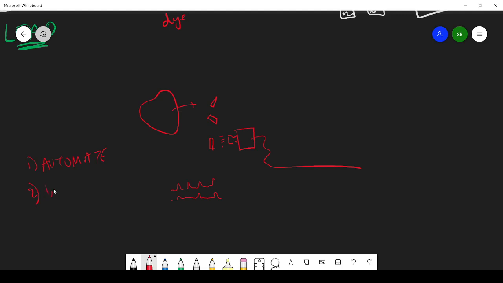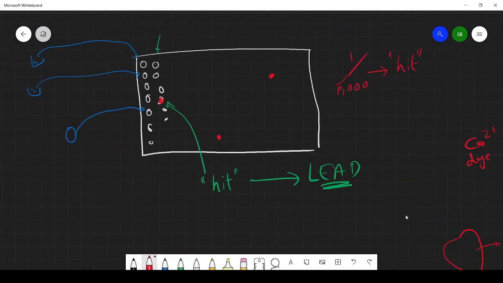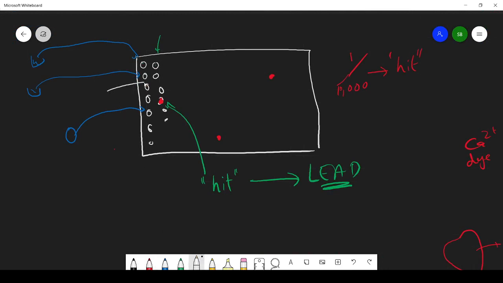Secondly, so long as you can add thousands if not millions of chemicals. And thirdly, you want to be able to see an effect. Now what do I mean by that? You need to have a readout which is very clear so that there's a big difference between the wells which have no response and the wells which have a response.